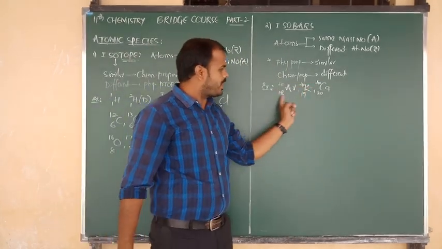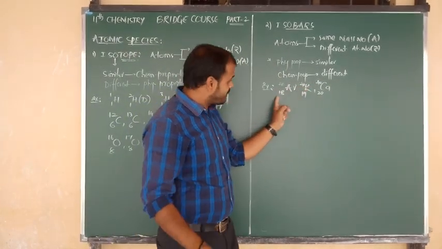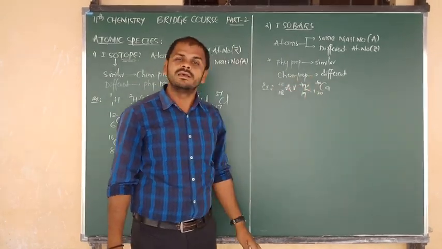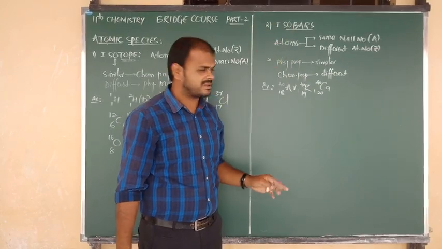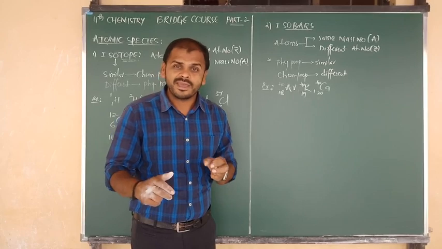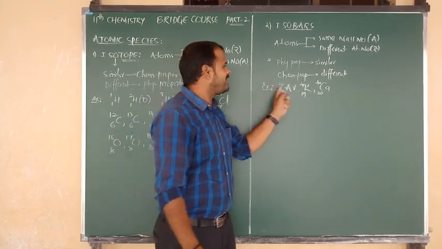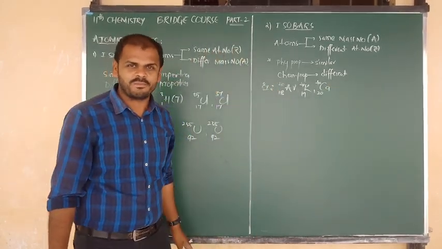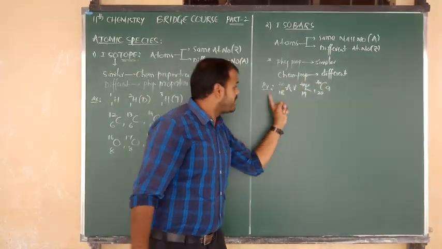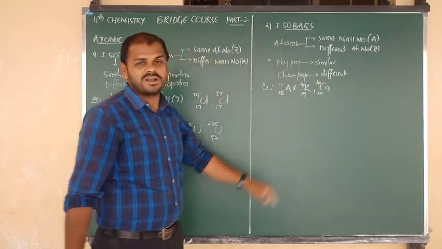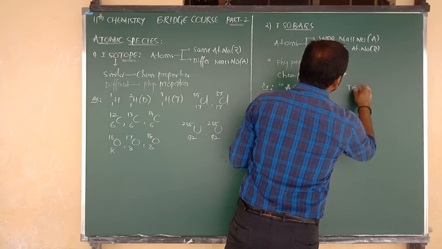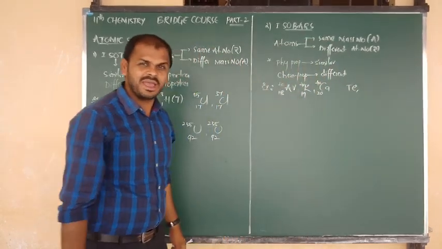So atoms with different atomic numbers but similar mass numbers, such species are isobars. Not exactly 40, maybe 39.98, 39.95, values like that may be there, but nearby we can consider 40, no problem. So atoms or species with same mass number but different atomic numbers are known as isobars. Another example I am going to give you is tellurium. It belongs to the P block elements.